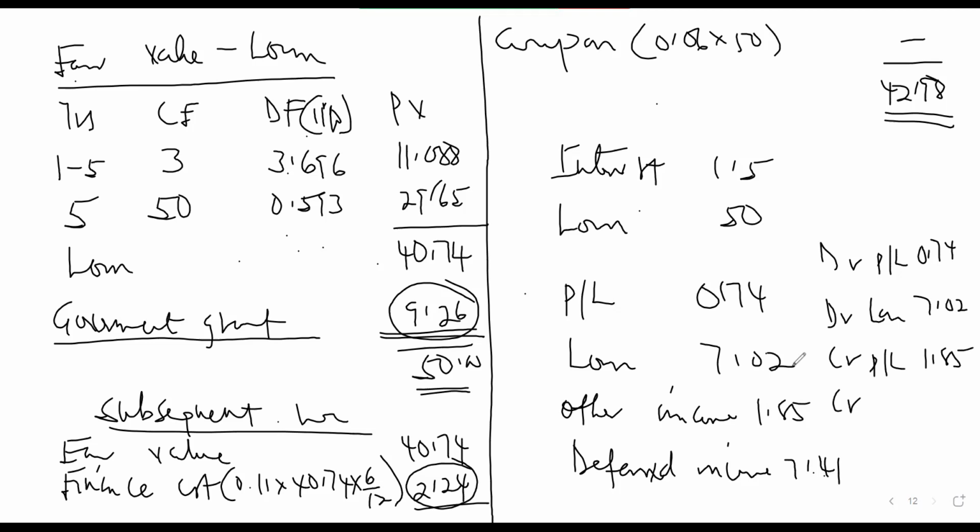Then you also credit the deferred income with 4.41. So maybe if you add the two sides, you'll be getting the same figures. Okay, 0.74 plus 7.02. I'm getting.